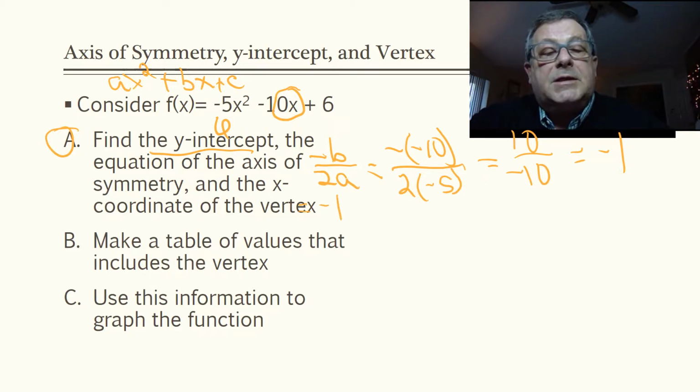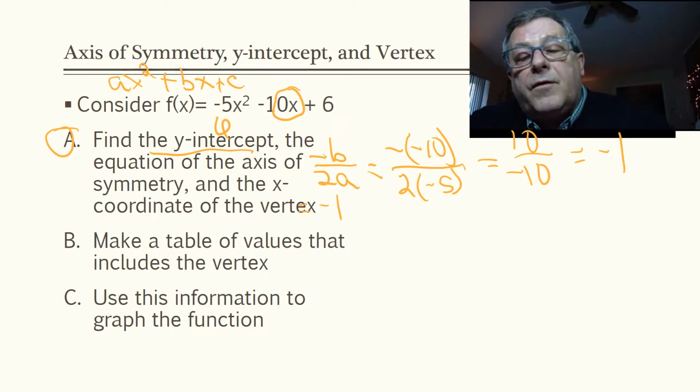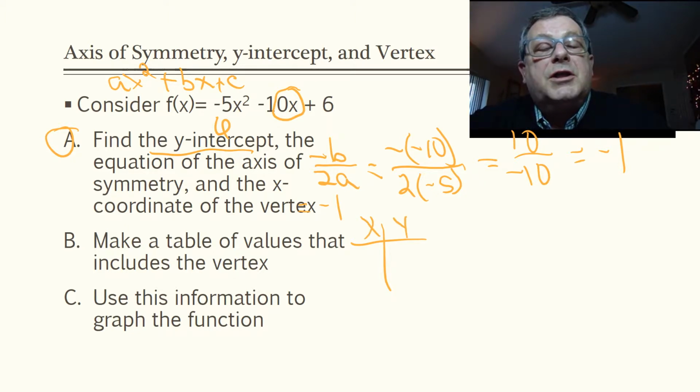Now, the next step says make a table of values that includes the vertex. So if I'm making a table of values, I'm going to put x and y right here. We have this function equation, negative 5x squared minus 10x plus 6. Let's start with the axis of symmetry, where the x-coordinate of the vertex is negative 1.